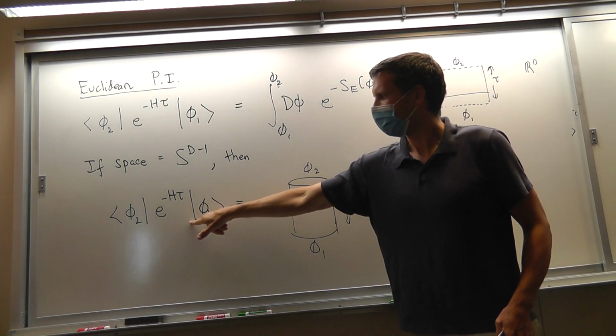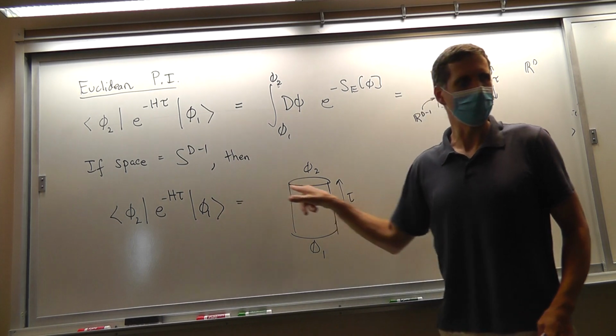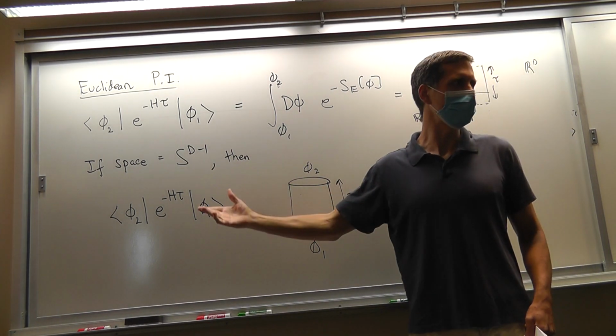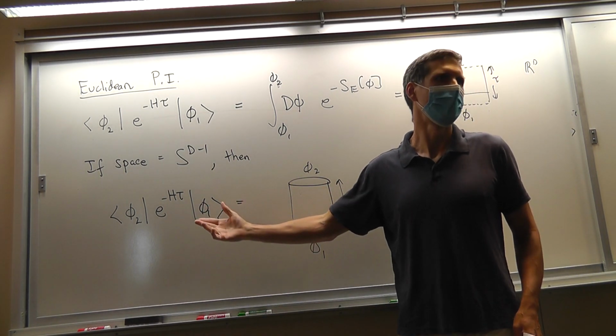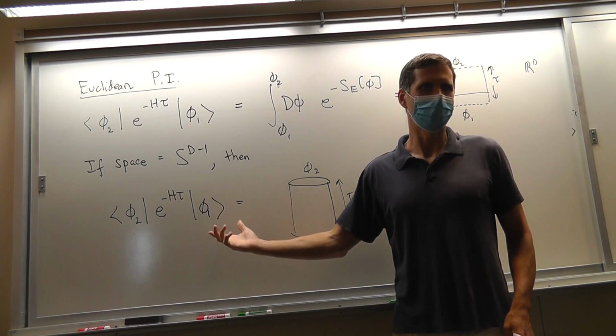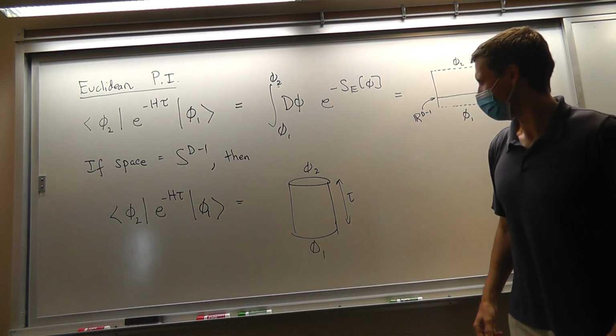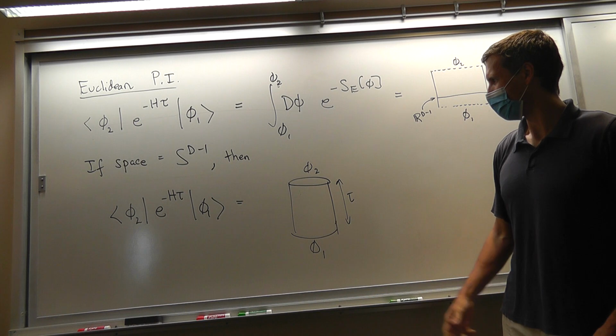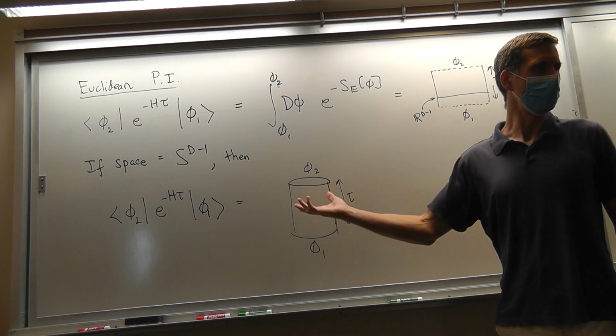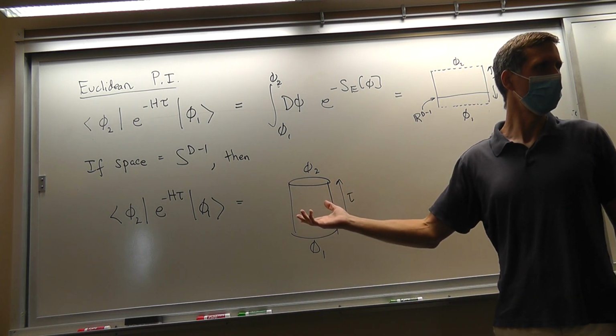And here, these are the quantum states of the theory on a sphere. It's a different set of quantum states. It has a different spectrum. Lots of things can be different. But as far as our pictures go, we just draw the picture on a different manifold. Okay.